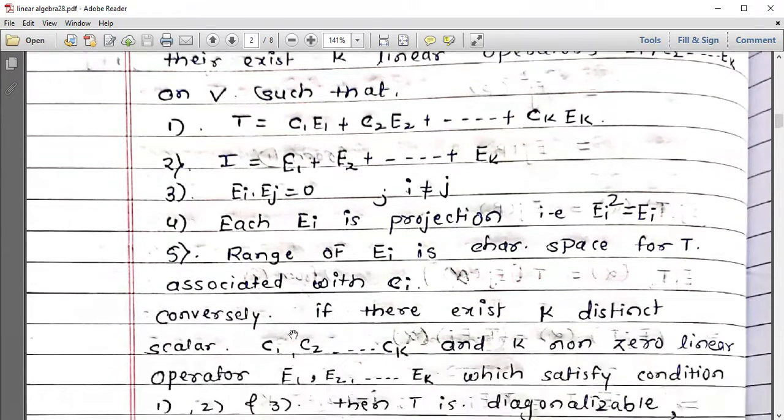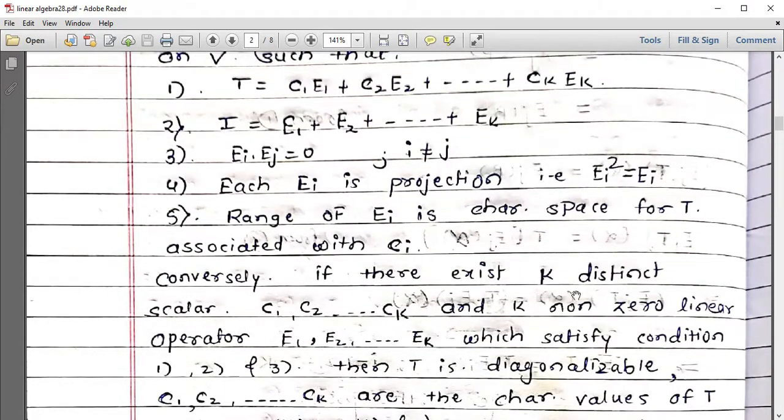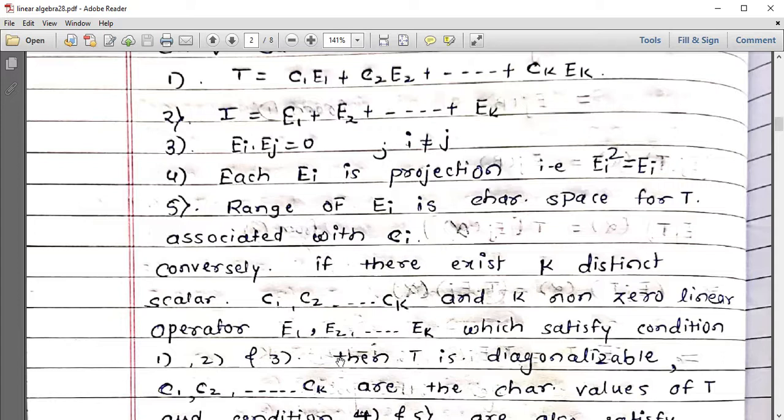Conversely, assuming there exist k distinct scalars ci such that k non-zero linear operators e1, e2 up to ek satisfy conditions 1, 2, 3, then we have to prove T is diagonalizable.